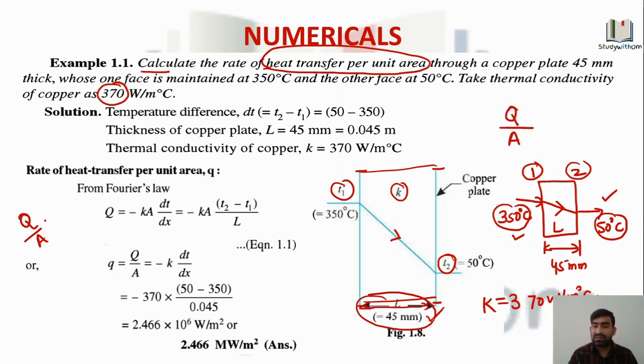So we will convert this 45 millimeter length into meters, and then we will calculate the total heat transfer rate, right? So my dear students, we know that Fourier laws of heat conduction is given by Q equals minus K A dT upon dx.